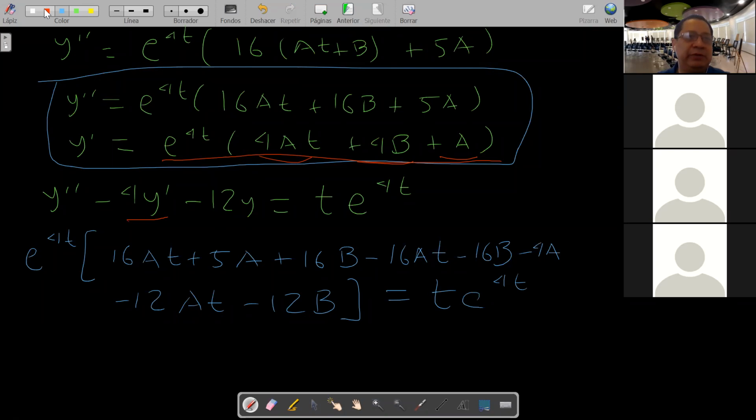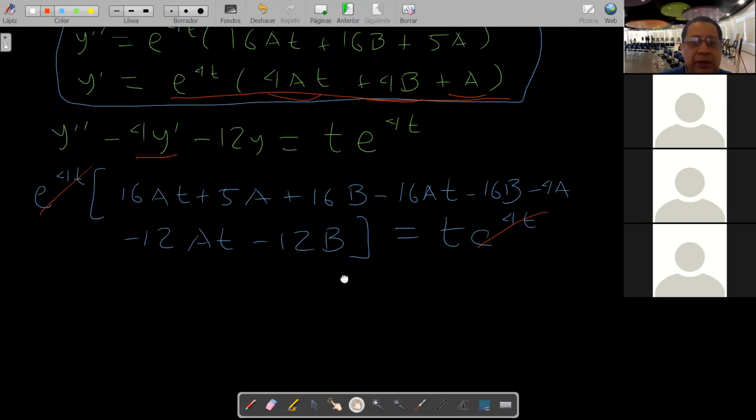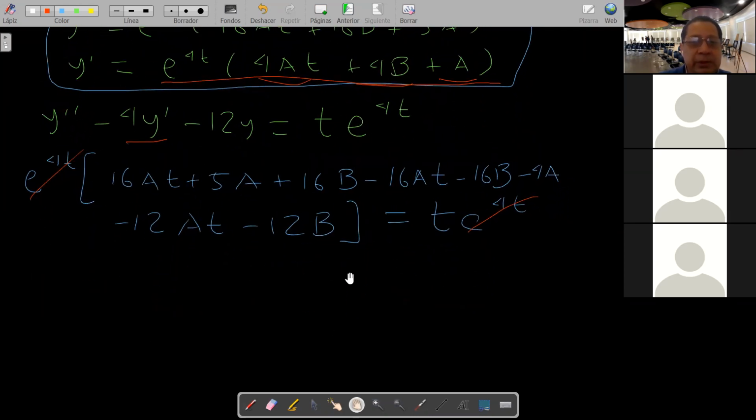So we have e to the 4t on both sides, and then we just compare the coefficients for the first order polynomial. We should have a first order polynomial on the left side, and we need to simplify our expression.